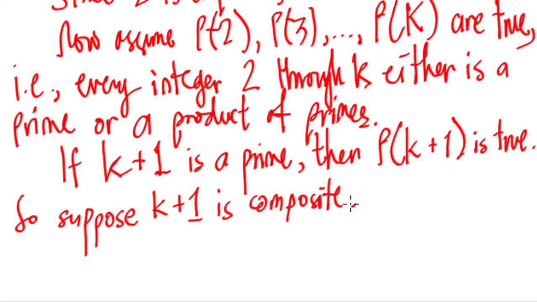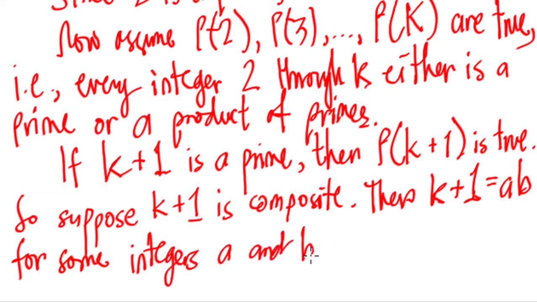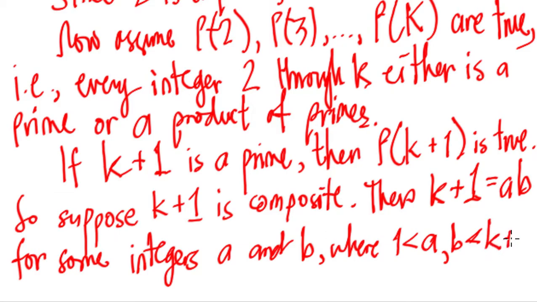If it is composite, then we have k plus 1 is equal to a times b for some integers a and b, where a is strictly greater than one and a and b are strictly less than k plus 1.